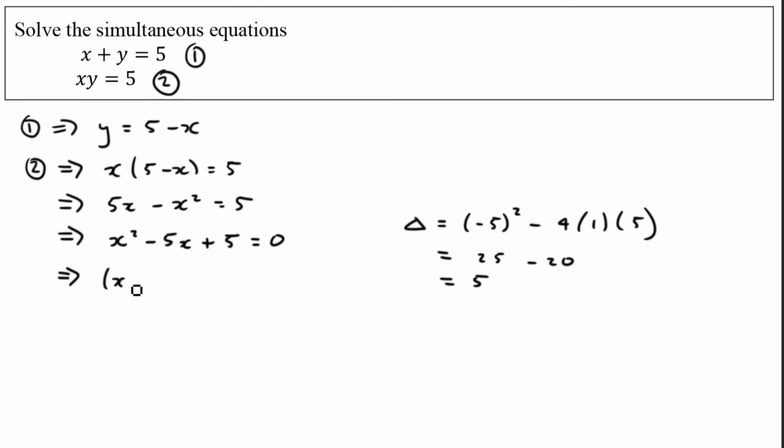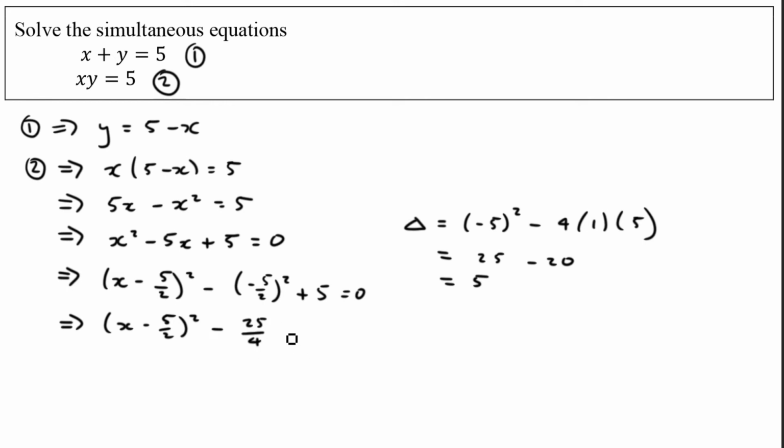So I will have x subtract 5 over 2 squared subtract the -5 over 2 squared plus 5 is 0. In other words, x subtract 5 over 2 squared subtract 25 over 4 plus 5 is 0.